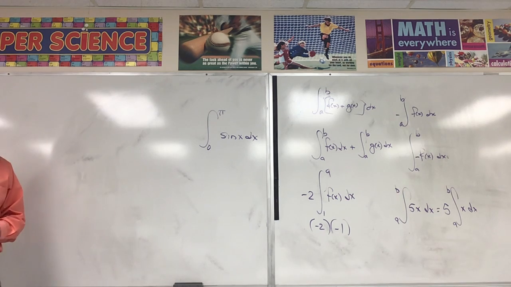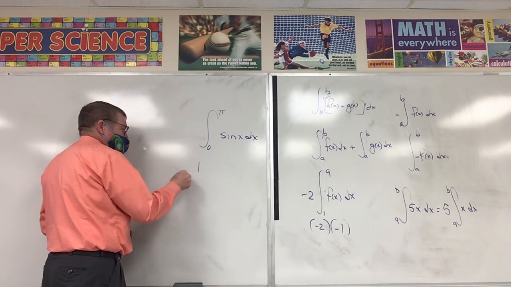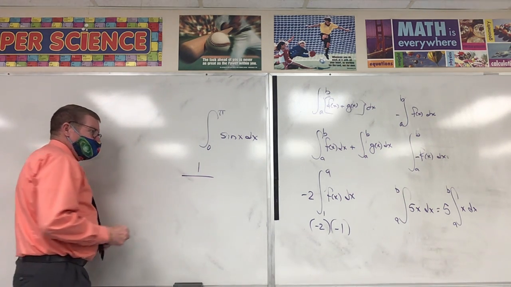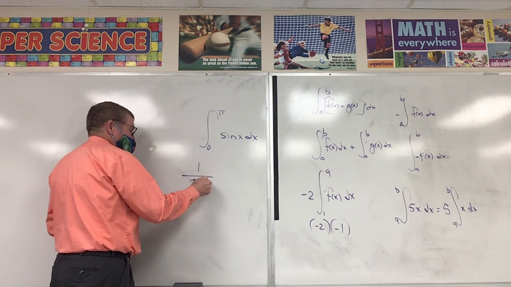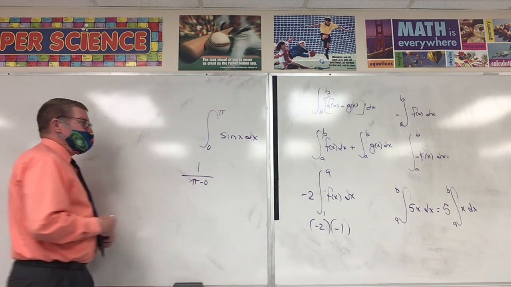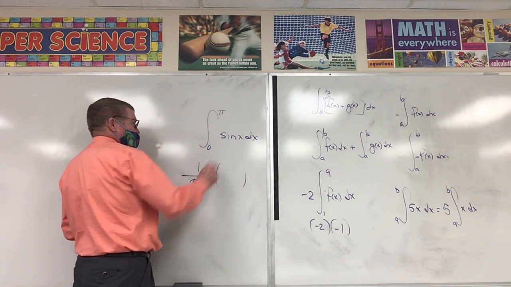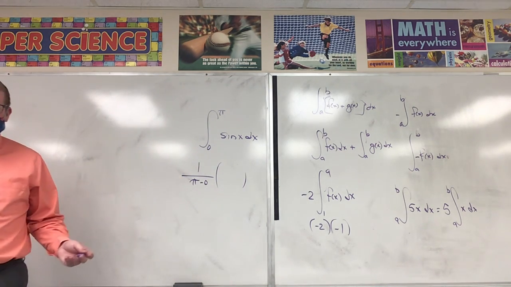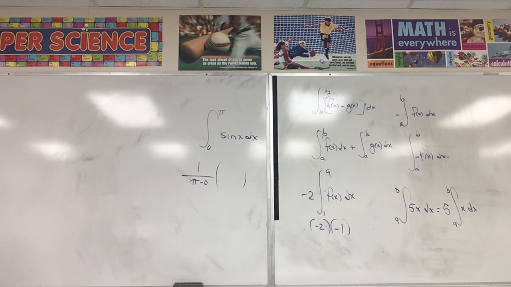And I want the mean value. Well, that's going to be 1 over pi minus 0. It's always 1 over b minus a times whatever the value of this is. So use our calculator. Use NINT.